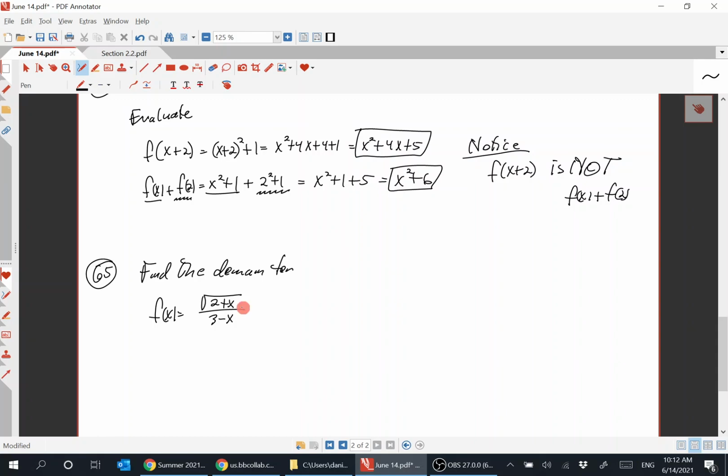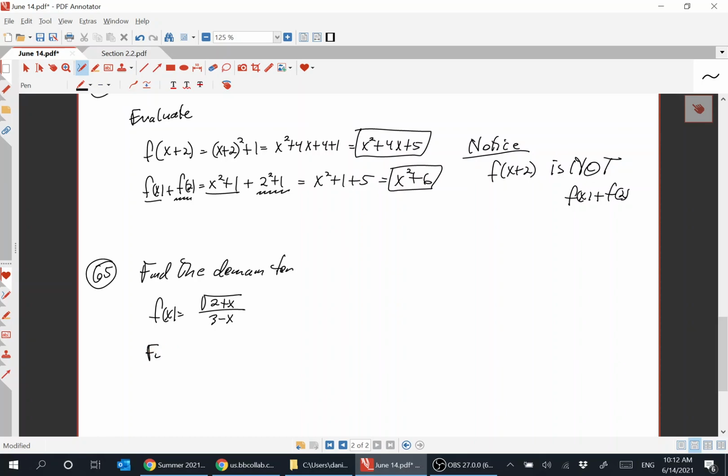Right? So the largest set of x's that allow this function to be defined. Well, with multiplication and with addition and subtraction, there's never really any problem. It's only when we take even roots, square roots, fourth roots, sixth roots, not with cube roots and fifth roots, but with even roots, trying to take the even root of a negative number.